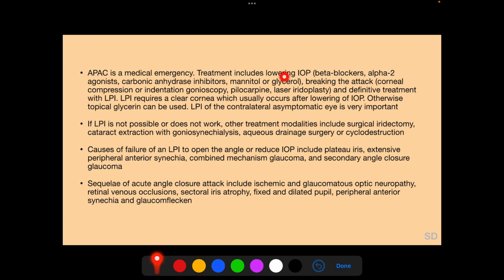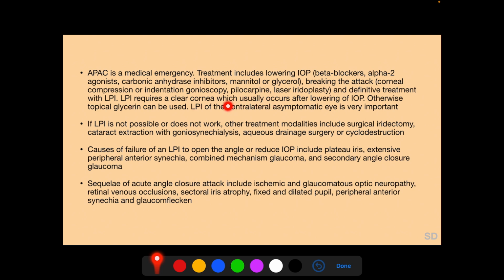Treatment includes lowering of the intraocular pressure, breaking the attack, and definitive treatment with LPI so as to prevent recurrence of a similar attack in the future. LPI requires a clear cornea, which usually occurs after lowering of the intraocular pressure. Otherwise, topical glycerin has to be used to clear the cornea to perform an LPI.